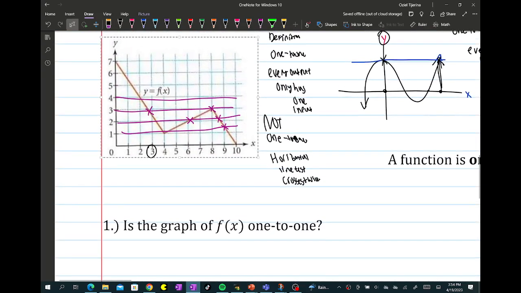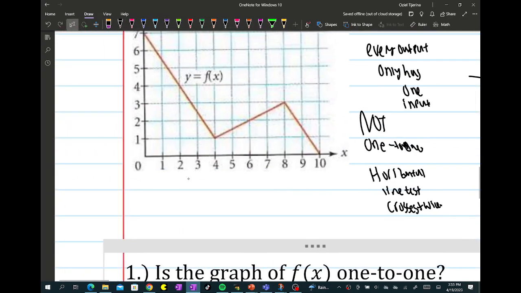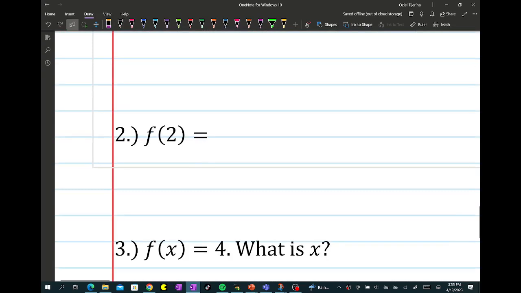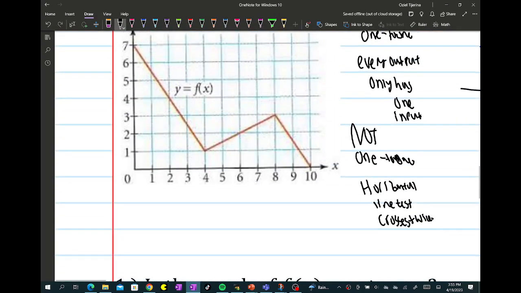Now, for number 2 and 3, it is asking us what is f of 2. In other words, what is y when x equals 2? When x equals 2, if I draw a little dotted line here and go up, what is my y value going to be?